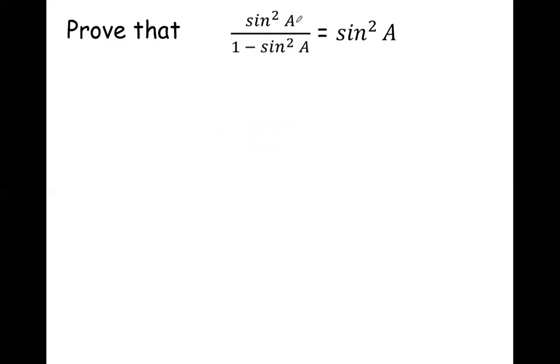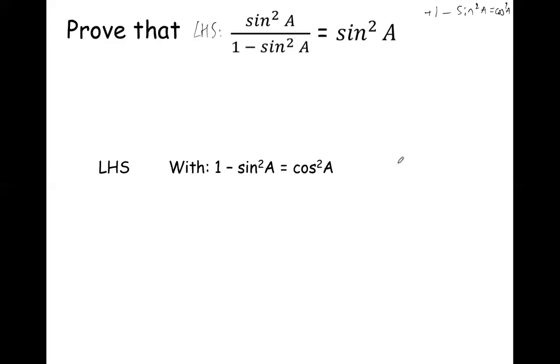I've got sine square A divided by 1 minus sine square A. To prove that, the first thing I would do, on the left-hand side, is use that 1 minus sine square A is just cos square A, yeah? Sine square A divided by cos square A.